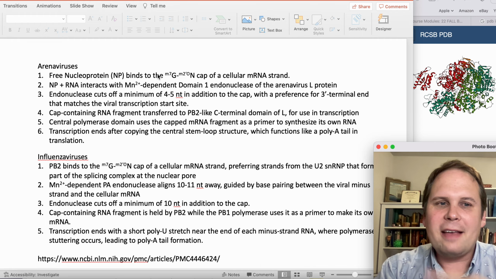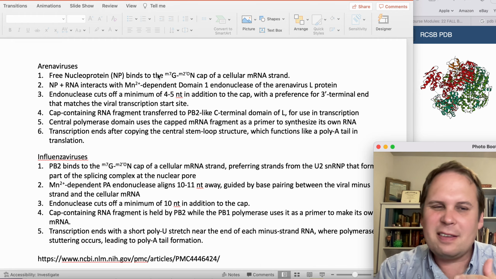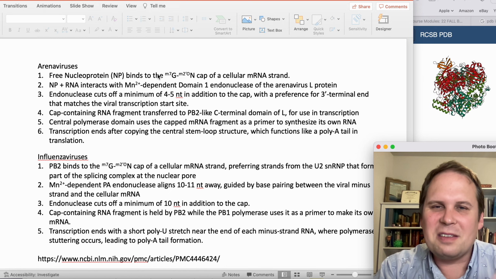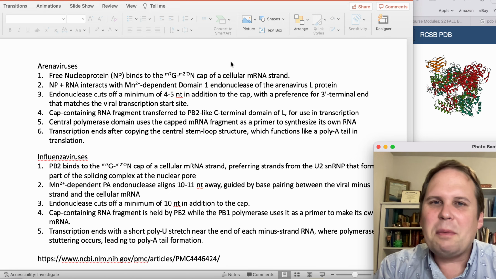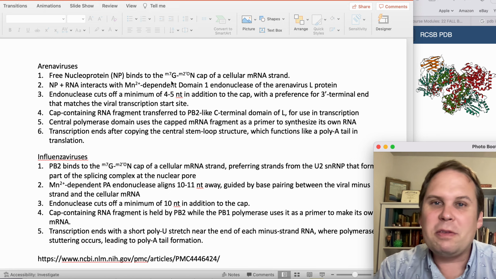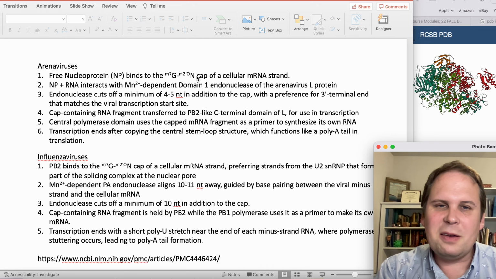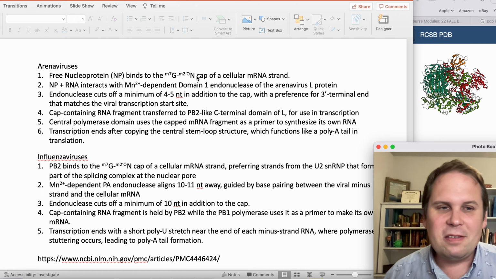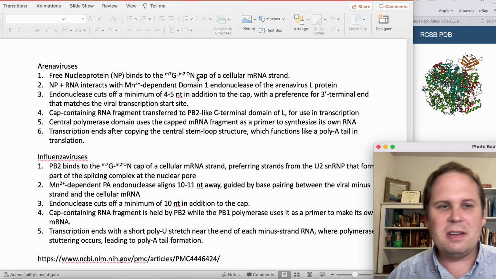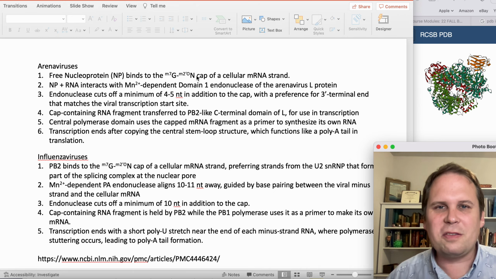Then it also has on the next nucleotide, and the next nucleotide can be whatever it needs to be, the 2'O methyl group, so that's the M2'O. And the N means any nucleotide. And that's a full N7 and 2'O methylated cap structure.